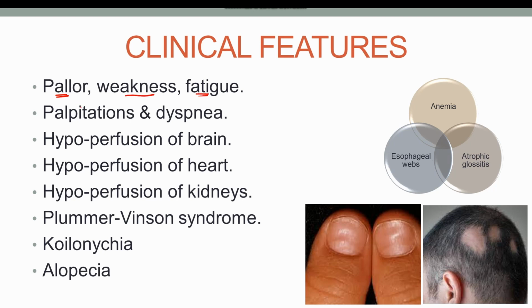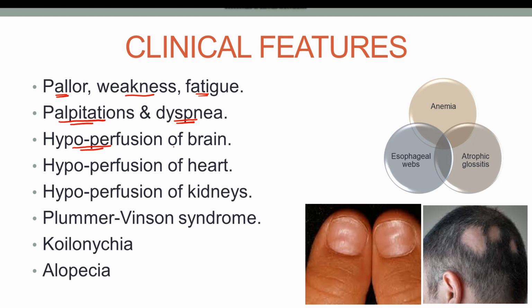The hypoxia is detected by the tissues, and the heart tries to compensate by increasing its heart rate so that it can efficiently provide blood to each and every tissue. This ultimately results in palpitations or tachycardia, and there is also dyspnea or shortness of breath.